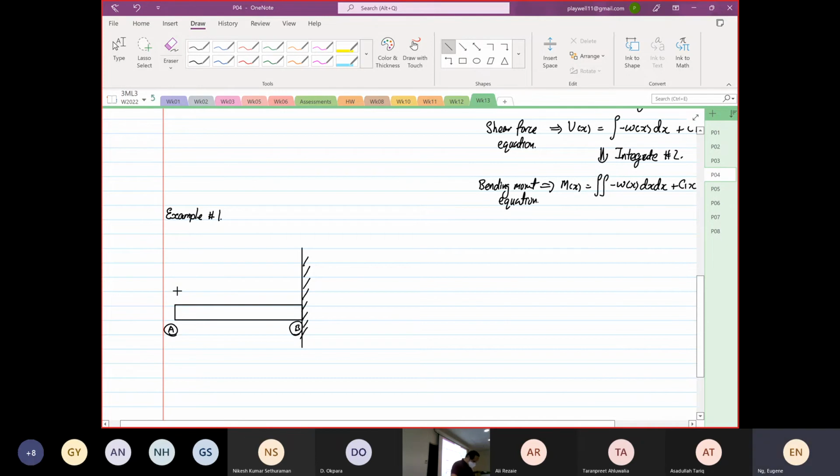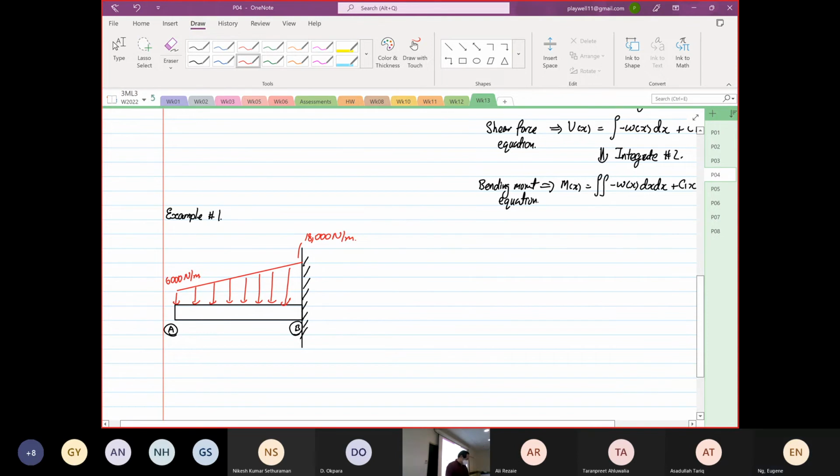I will elaborate. The load over here is not really a uniform load, we classify it as a triangular load, because it starts from 6,000 Newton per meter and ends at 18,000 Newton per meter.